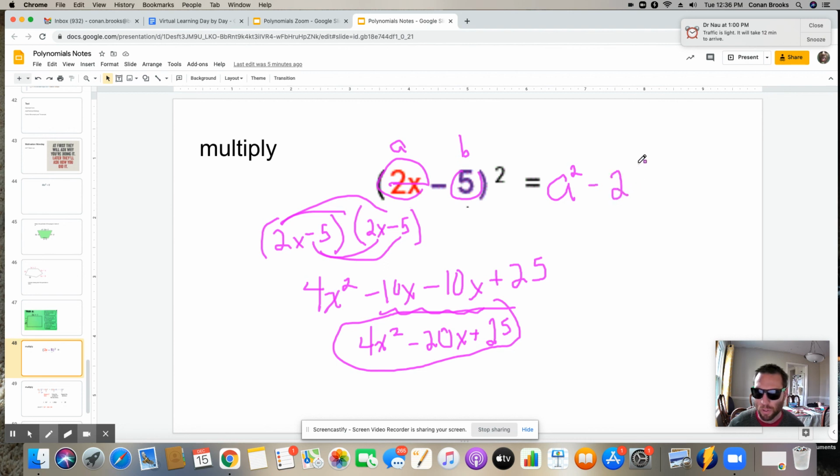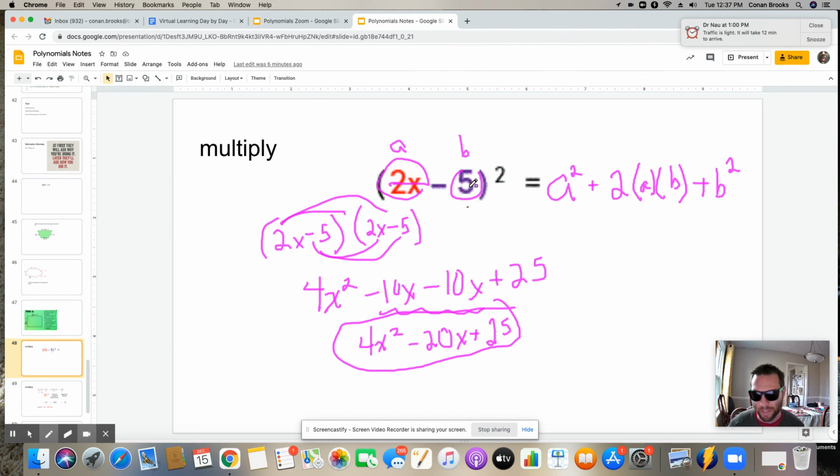Minus 2 times A times B. I'm sorry, it's plus. Twice A times B. Twice 2x times negative 5 is that, negative 20x. And then it's plus B squared.